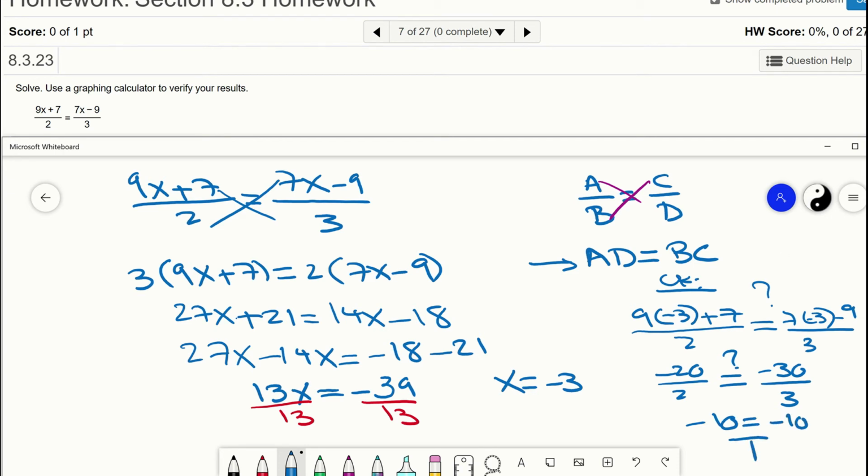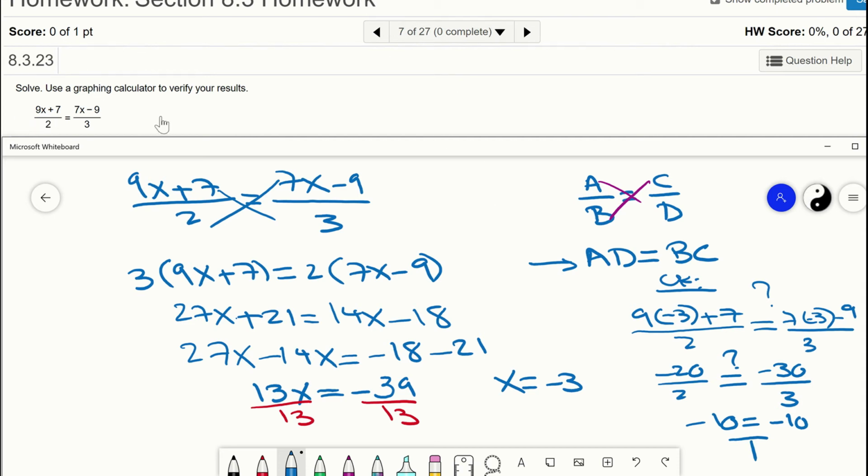So we have reached a true statement, an identity, which is always true. So therefore, we have shown that plugging in negative 3 makes this equation true, like that. Okay, so therefore it's a solution. So that's how you would handle a proportion like that, the fastest way.